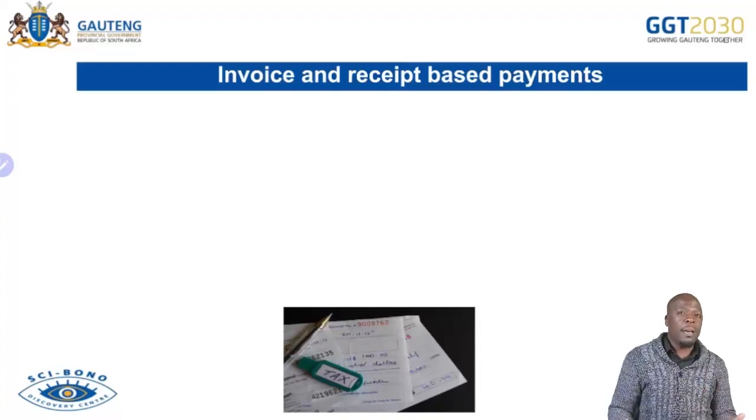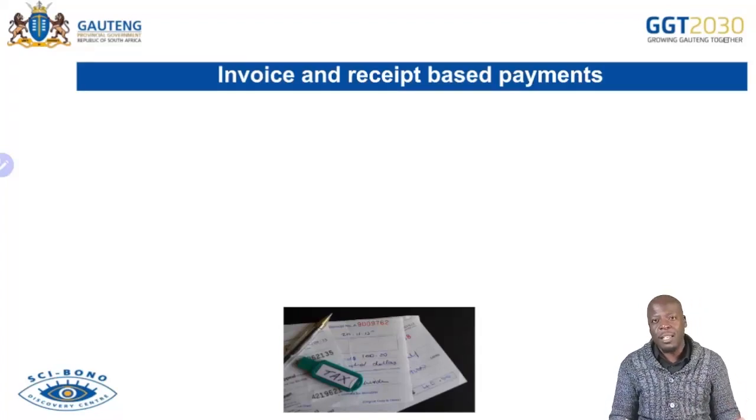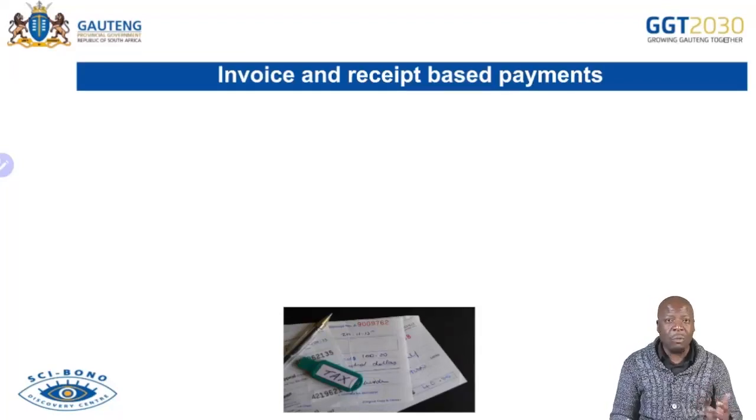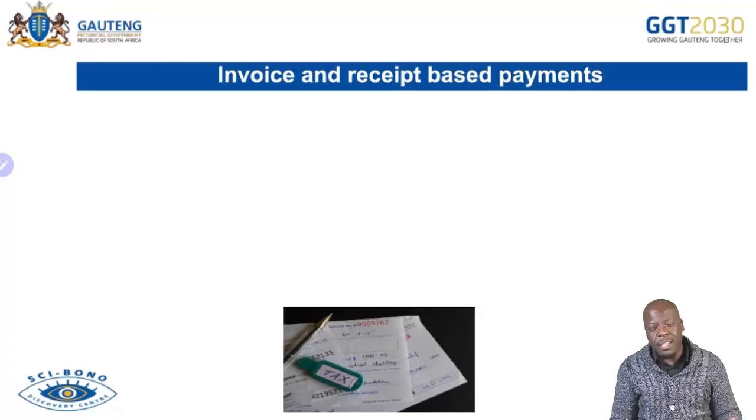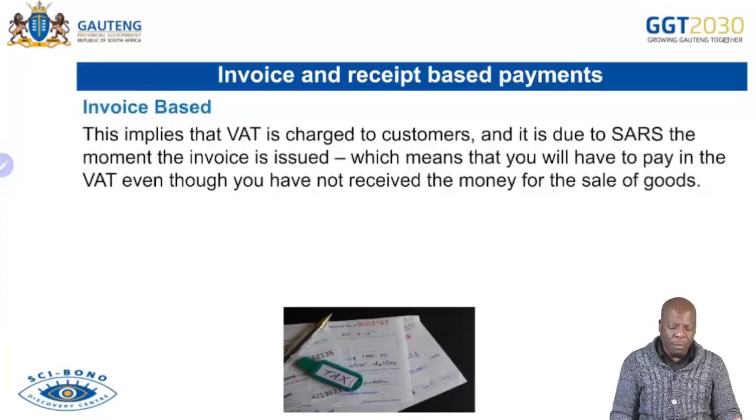So there have to be methods in which we can account for this VAT over to SARS. So I'm going to talk about the two methods of accounting for this VAT to SARS. We have what we call the invoice and the receipt-based payments.